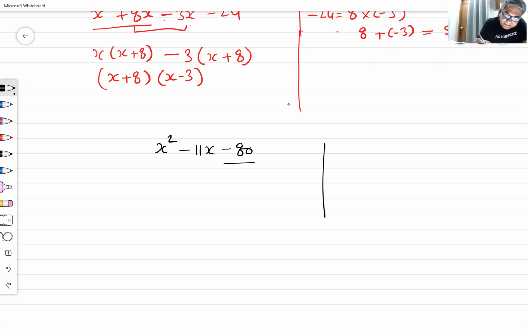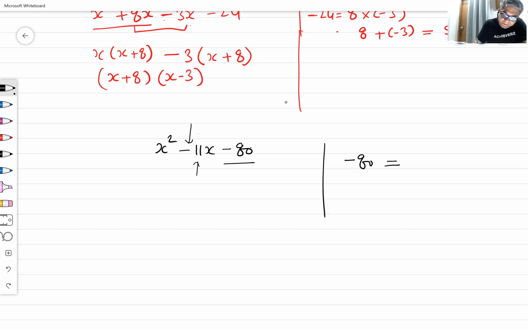Minus 80. And here I have a negative sign, so I have to have the negative factor larger. No, Sanya, still there is a problem. So minus 80 and I need to get 11.